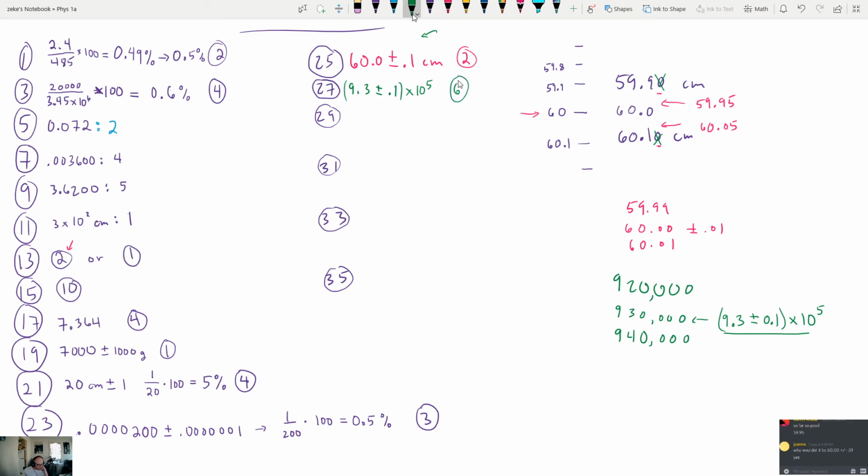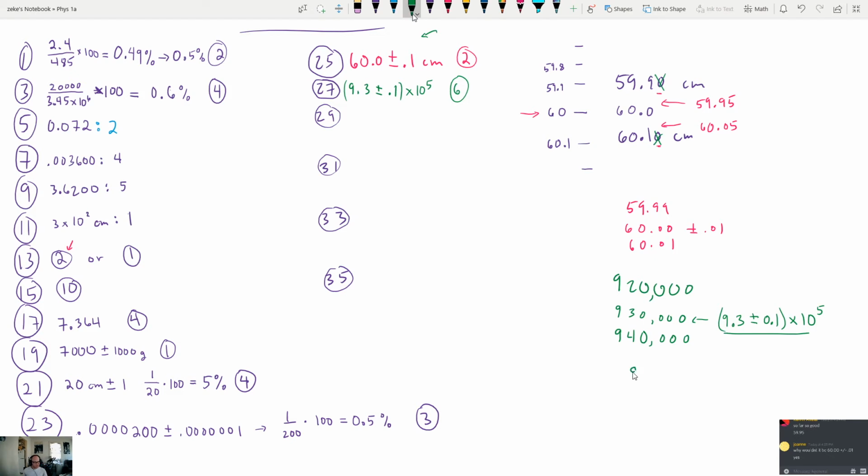Is there another one on there that actually works too? Maybe number 2, right? Two is the same thing, right? Do you all agree?